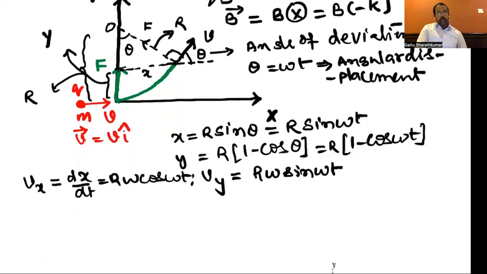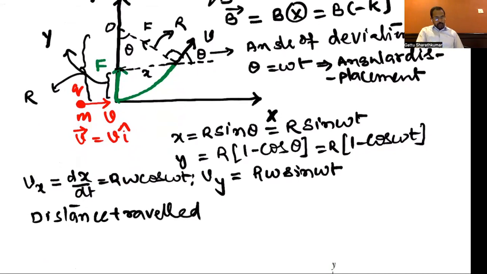Now, I wanted to find out the distance traveled in this case. How to find out the distance traveled? D is equal to, we generally use distance traveled as the integral of root Vx squared plus Vy squared dt.